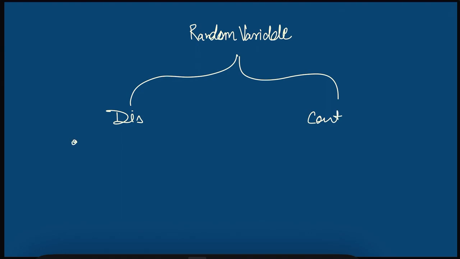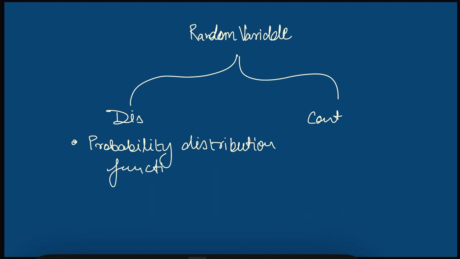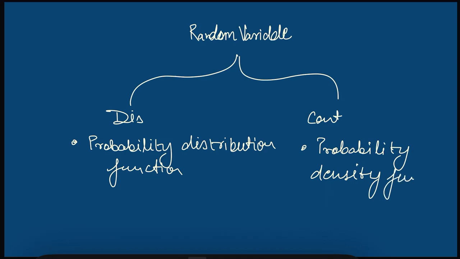For the discrete, the PDF is the probability distribution function, where we use sigma. But in the case of continuous, it is the probability density function, and in that case we use integration.